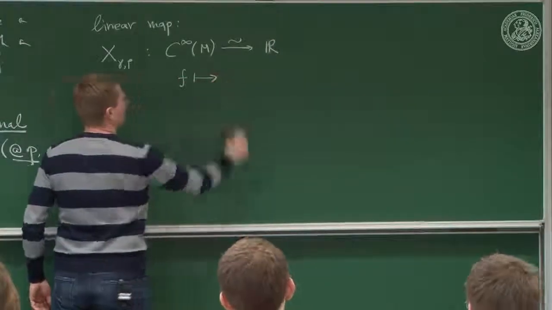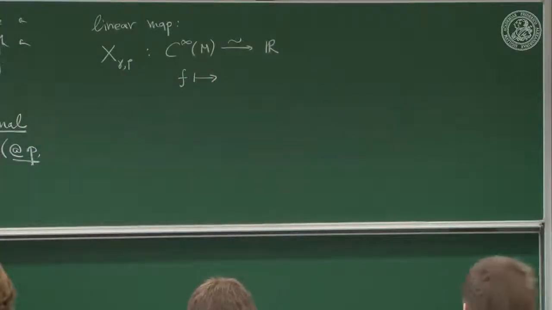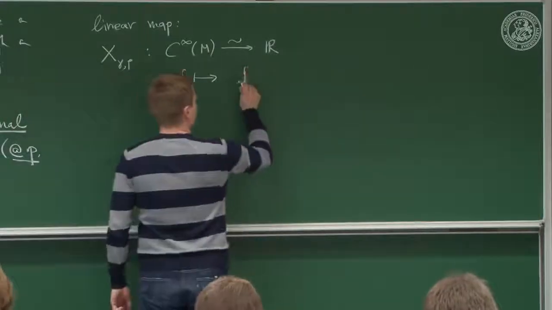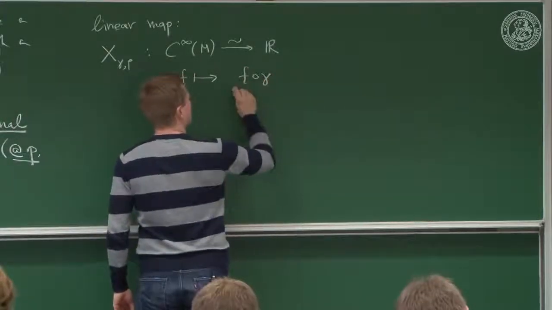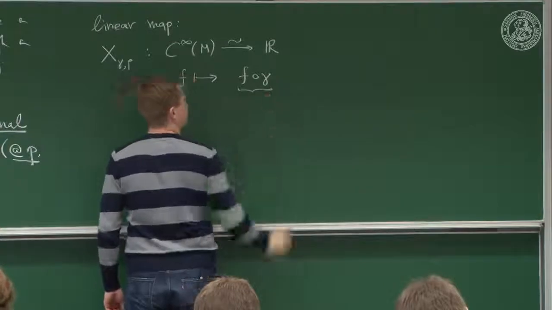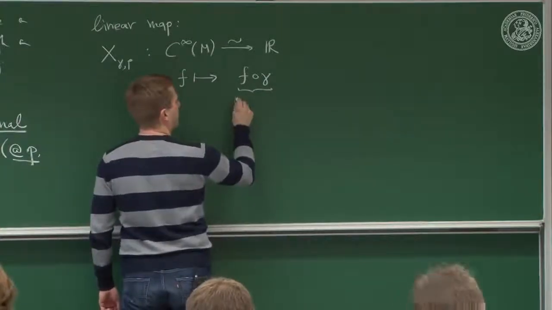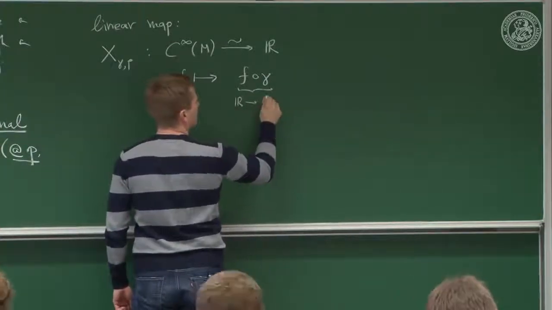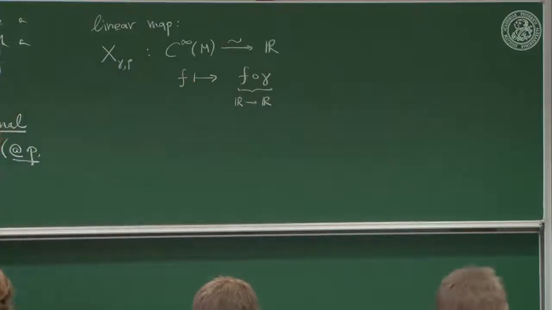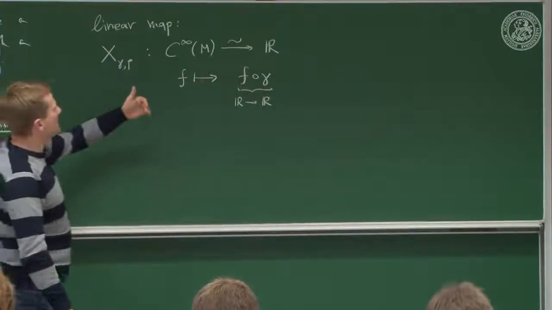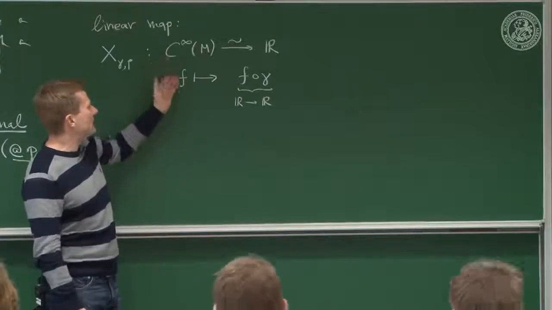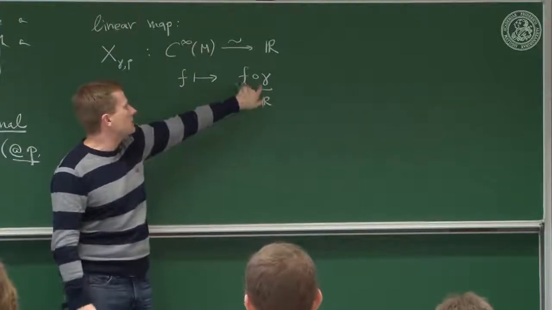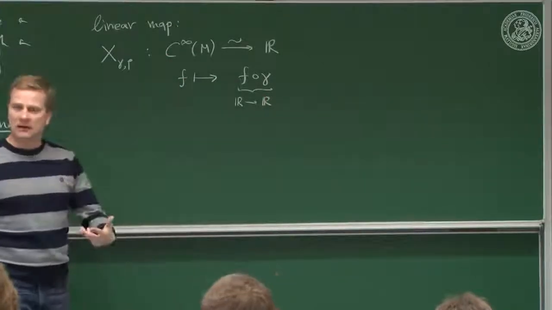You take a smooth function f, and you map it to f after gamma. Now what is that? That kind of guy is now a map from R to R, because gamma takes you from R to M, but an arbitrary smooth map f takes you from M again to R. So in total, this is a map from R to R.